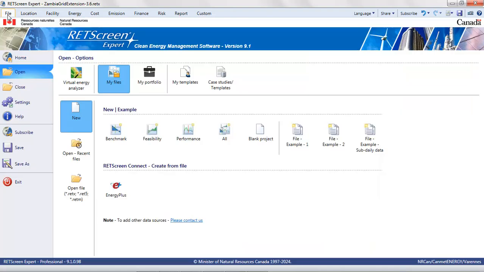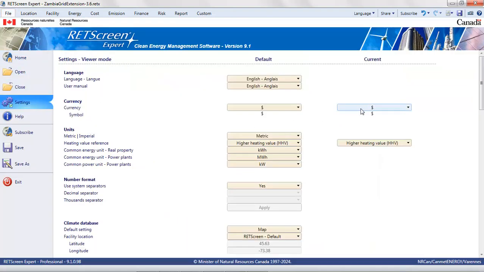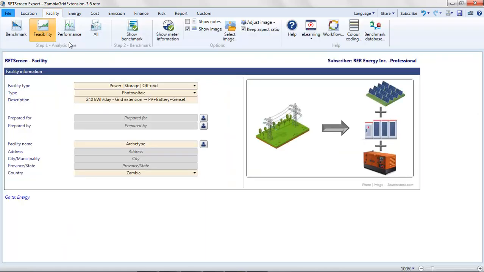So I'll start by going back to the file page and looking at the settings, and I'll see that the analysis is in Canadian dollars and the higher heating value has been used, so that's going to be different from our analysis. On the facility page, it is, however, configured in the same way that our analysis was configured.